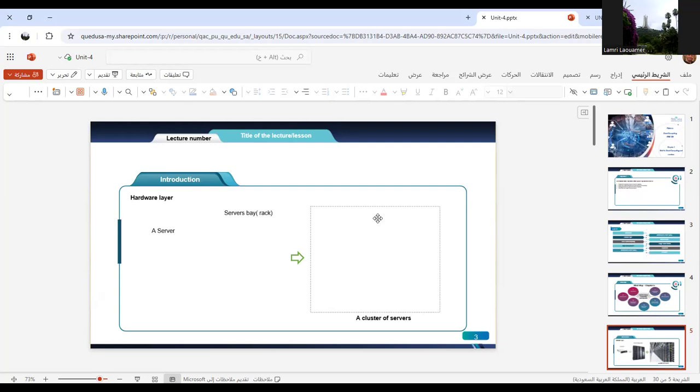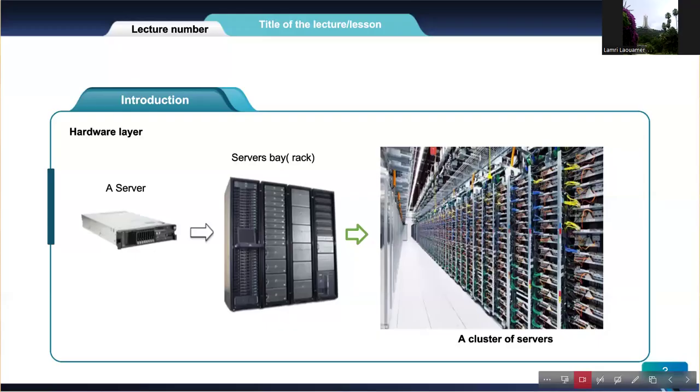As you know, the OSI model has 7 layers. The first layer is the physical layer, which is layer 1.